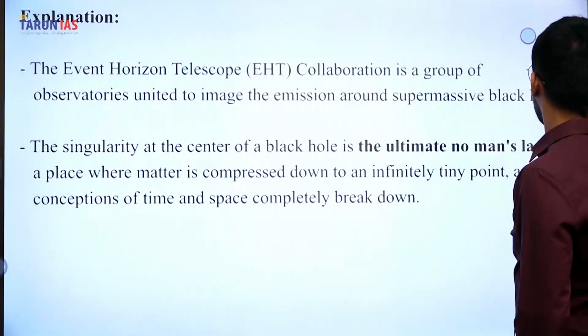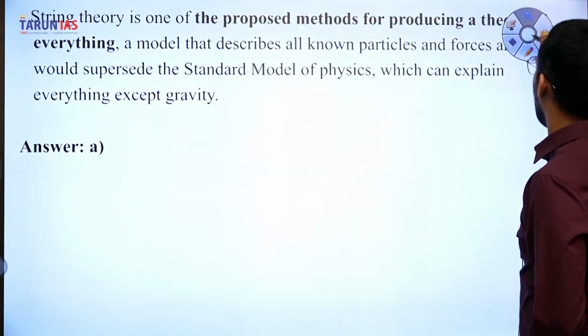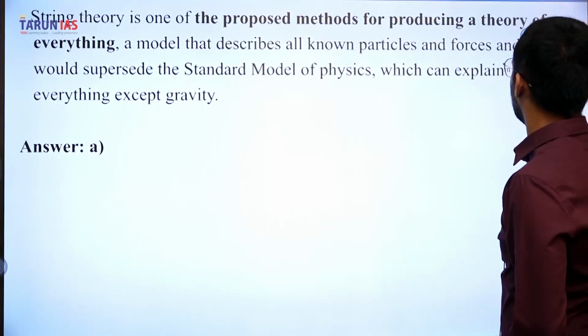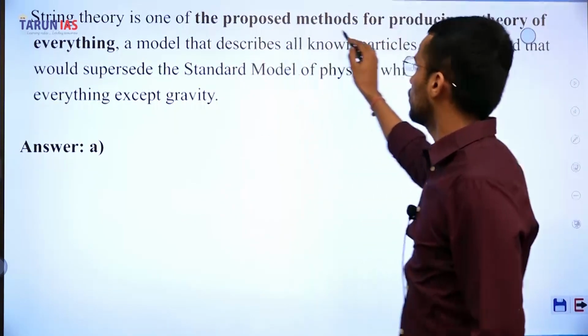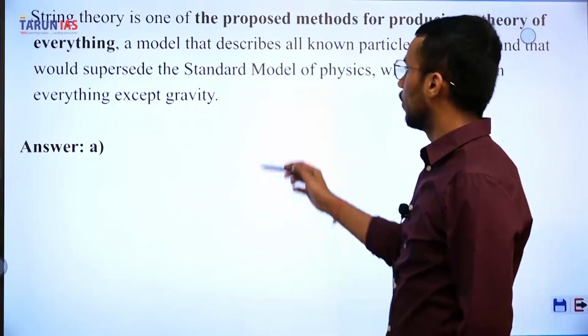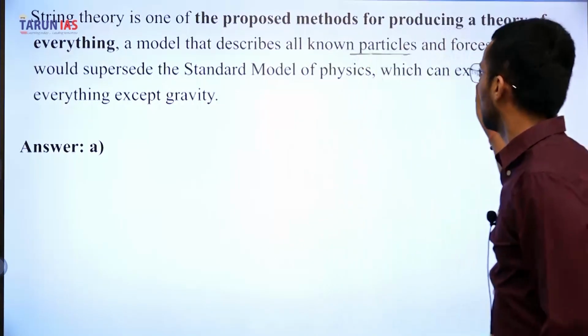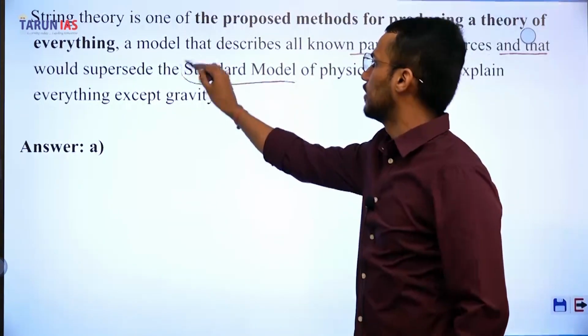Next now, string theory and the standard model. String theory is one of the proposed methods for producing a theory of everything, a model that describes all known particles and forces that would supersede the standard model.